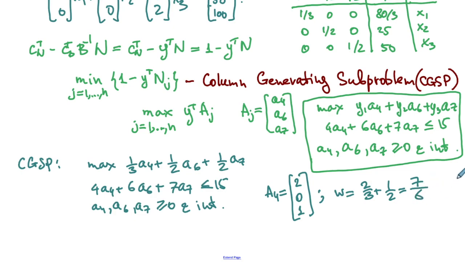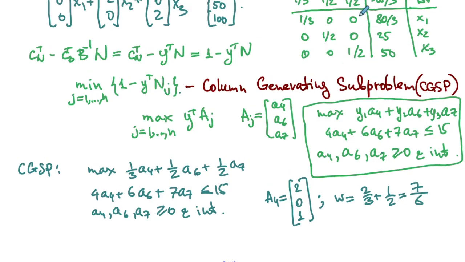So clearly it is greater than 1, meaning that the corresponding reduced cost will be given by negative 1/6, which is less than 0. So this will be our entering column. Now we are going to update our optimal basis, and we'll compute the new B inverse and the corresponding dual solution given by CB transpose B inverse.